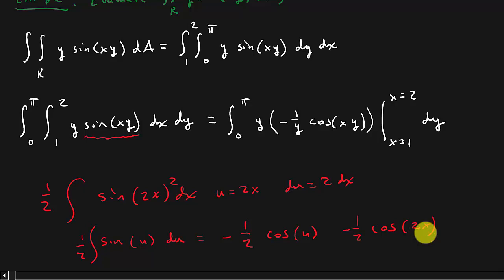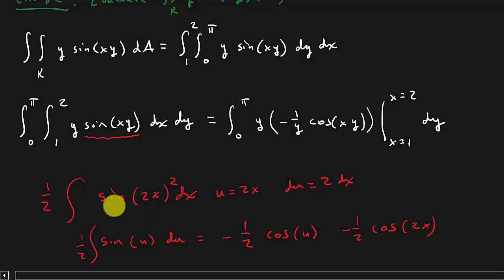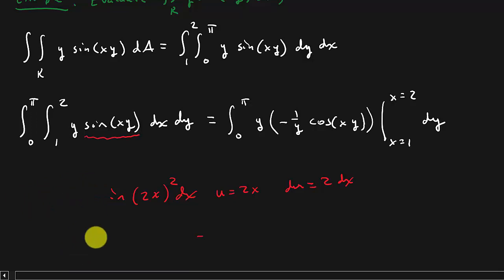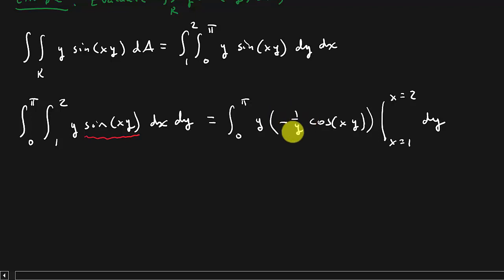If that confused you and made no sense, then don't even worry about it. If you understood the first way that I showed you, it's the antiderivative of sine is negative cosine, so you got the 2 there, so you need the 1/2 out there. That's all it is. So that's where that negative 1 over y comes from.